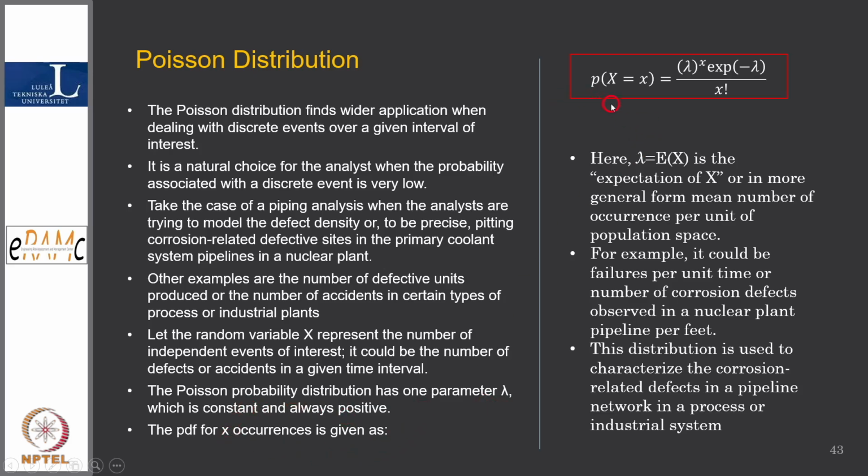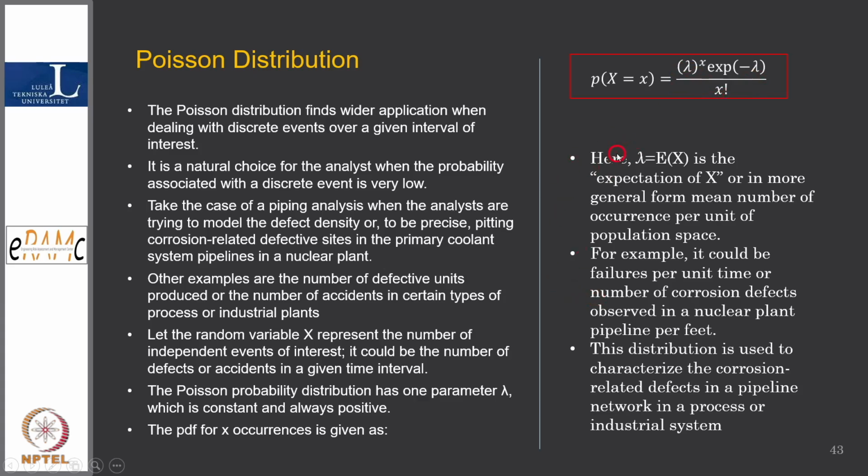follows. So how many events will occur, x? Two events will occur in a period of time, or we can get the probability of the event as equal to lambda raised to power x, the event rate raised to power x, times exponential of minus lambda, divided by factorial x.